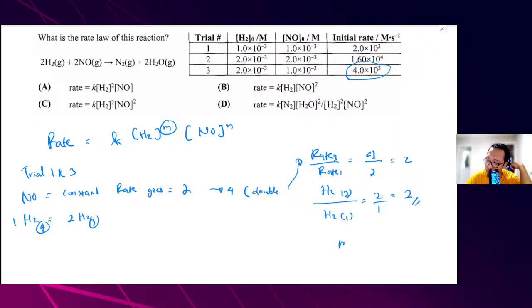So M, it should be 1, right? It should be 1 because this one is 2, and then N should be 1. M, okay, sorry, M should be 1.